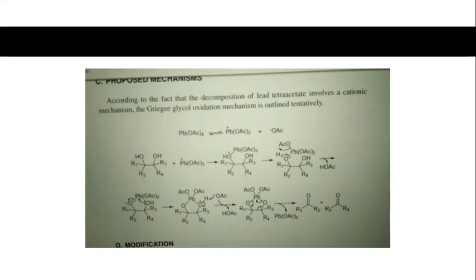So those diols resulting from the oxidation by KMnO4 and osmium tetroxide are cleaved completely, resulting in the respective ketones or aldehydes by reaction with periodic acid as well as lead tetraacetate. So this was the oxidation, and these were the various methods that we have discussed today.